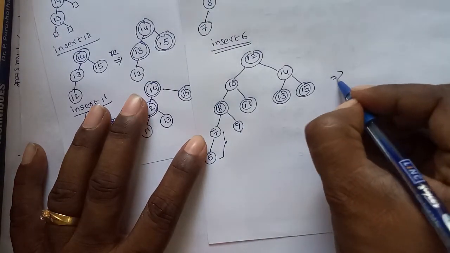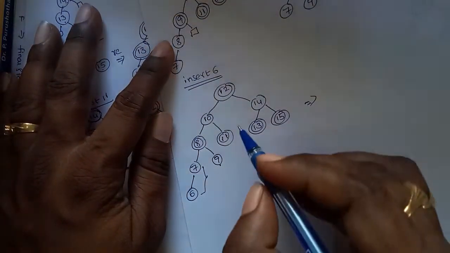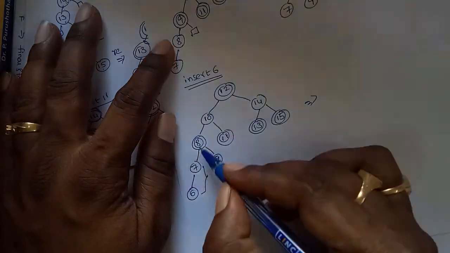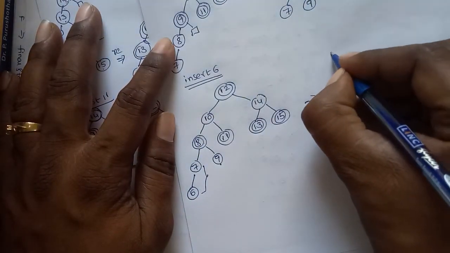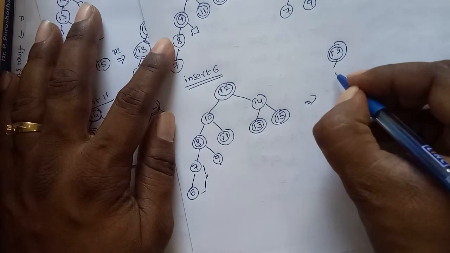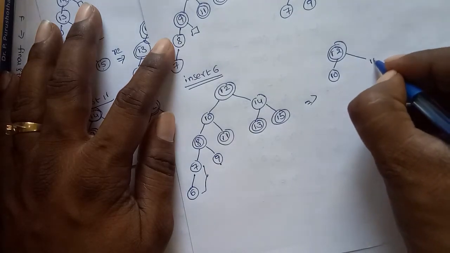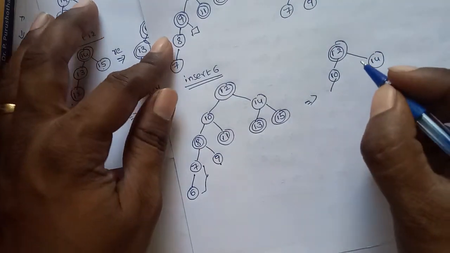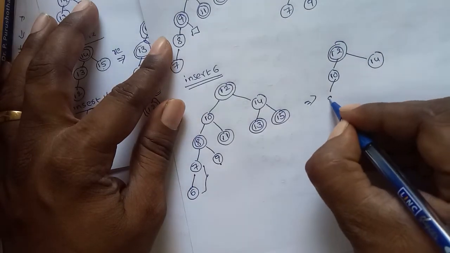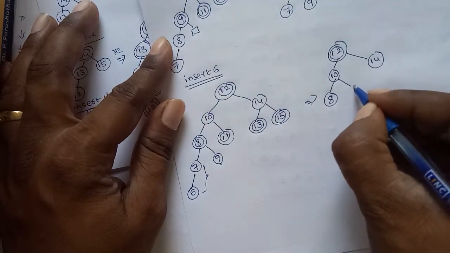So what do you have to do? Perform a recolor operation. Change the color of the parent, uncle and grandparent. 12, 10, 14, 8, 11.